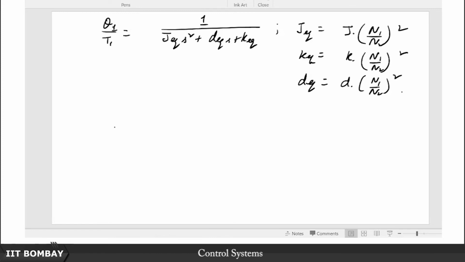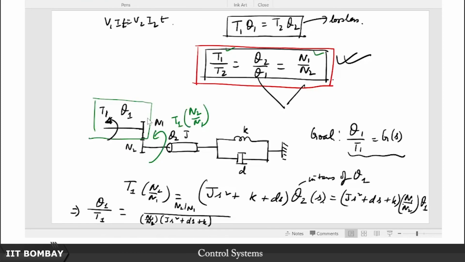So what have I done eventually with this expression? The result is, if there is a gear assembly here, and you want to find out the transfer function between terms on this side of the gear assembly, then the way in which you can reflect these different blocks, there are only 3 different types of blocks: inertia, spring and dashpot that we have studied. So how do you reflect each one of them from one side to the other?